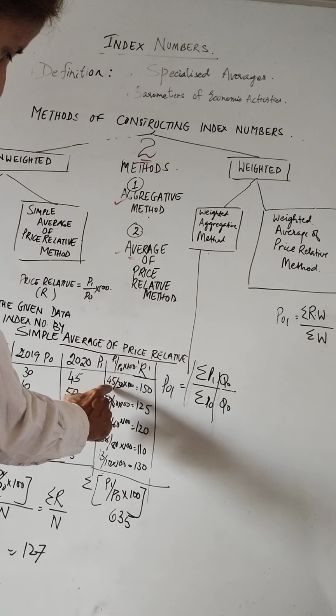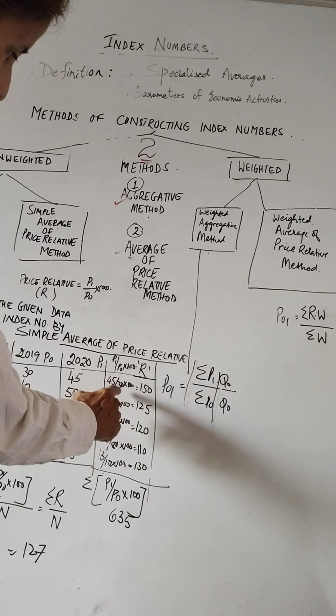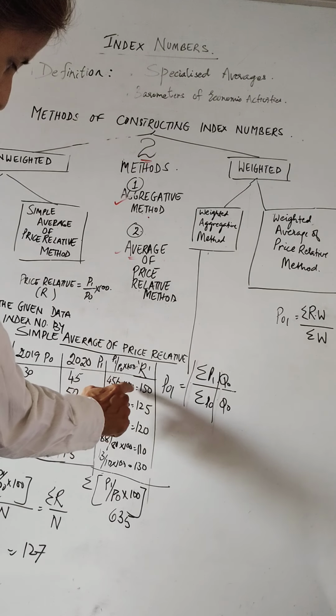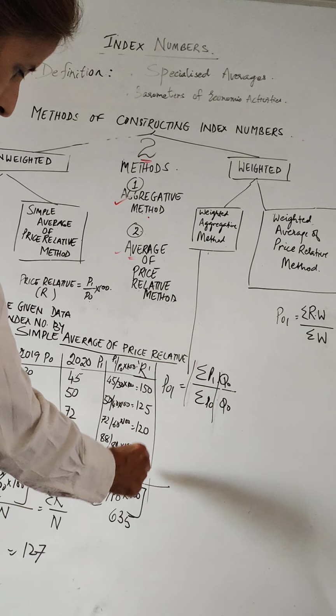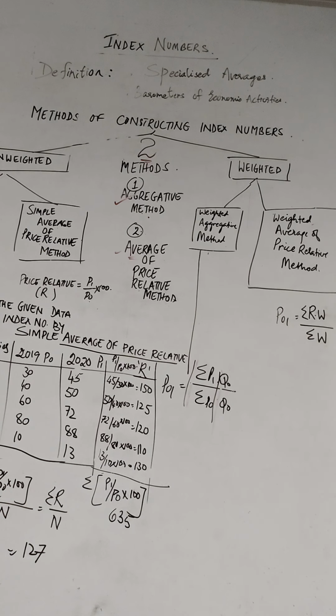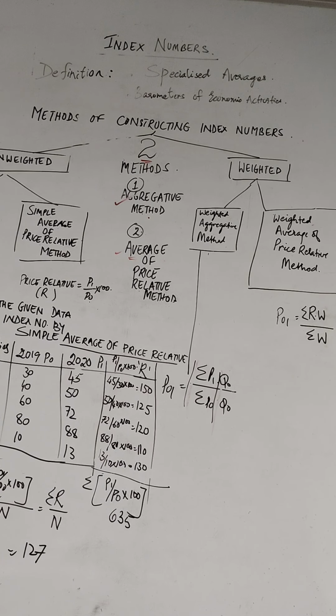We took the current year price divided by the base year price into 100. So these are the numbers that you get. They are not given in any units, they are pure numbers, and they are independent of the units of measurement. And equal importance is given to each commodity. That is why the index number is not influenced by extreme values.